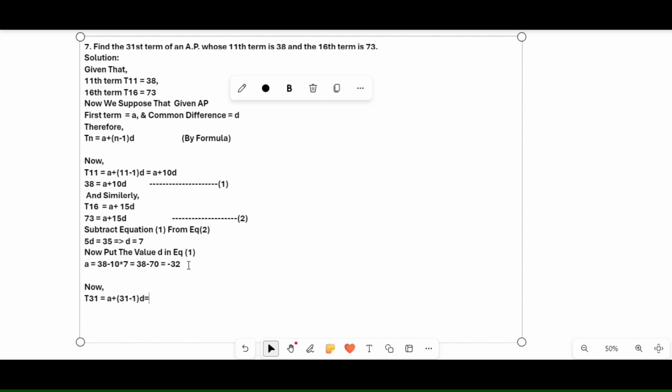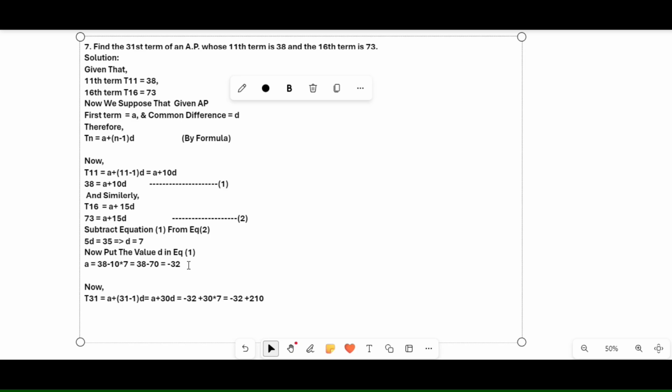So A plus 30D is equal to minus 32 plus 30 into 7, which is minus 32 plus 210.